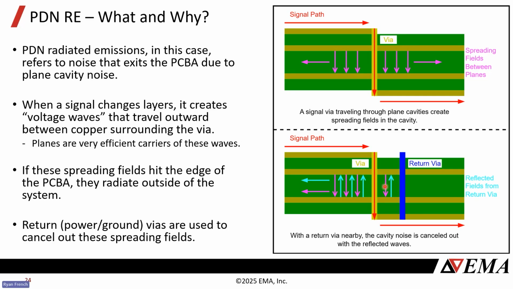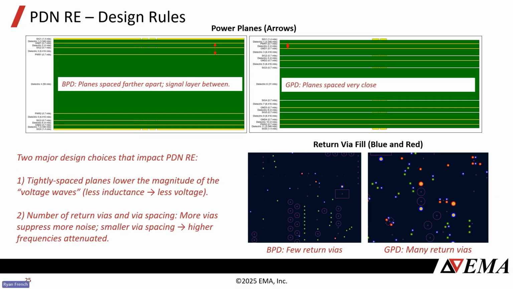So if it's close enough, these fields basically overlap everywhere. And so the return via, instead of maintaining impedance or whatever else you might have heard for these vias, it's really just to cancel the field spreading inside of any cavities that you have. And design rules, again, this follows exactly from resonances.